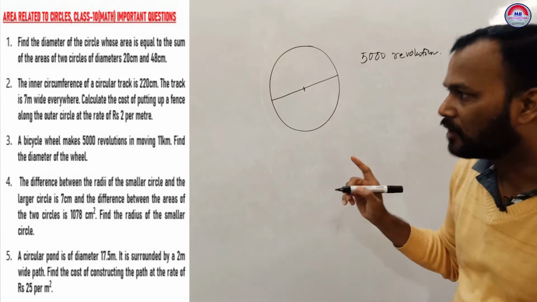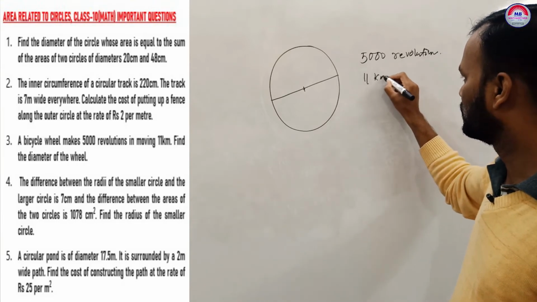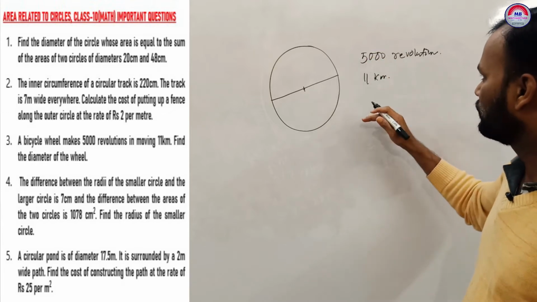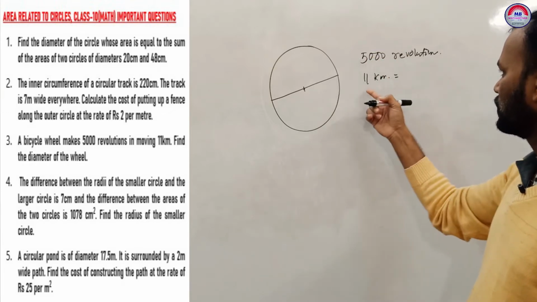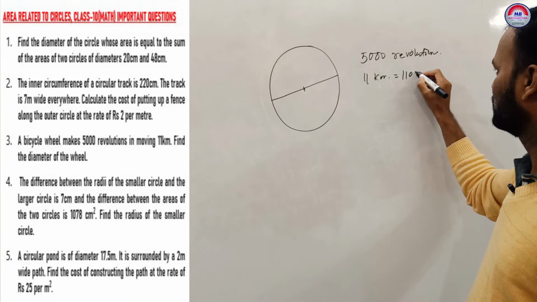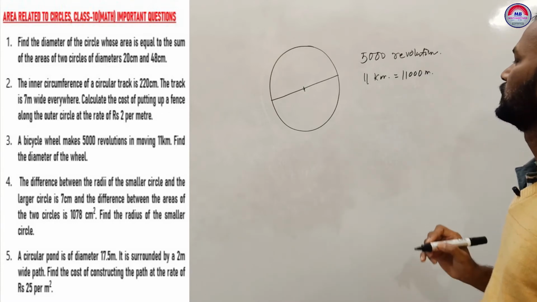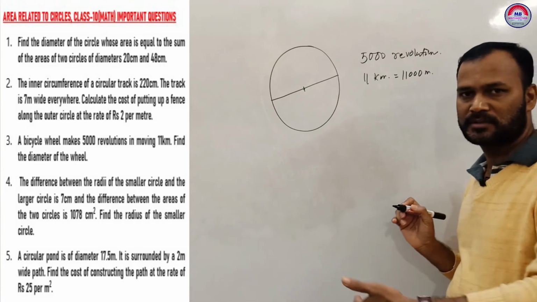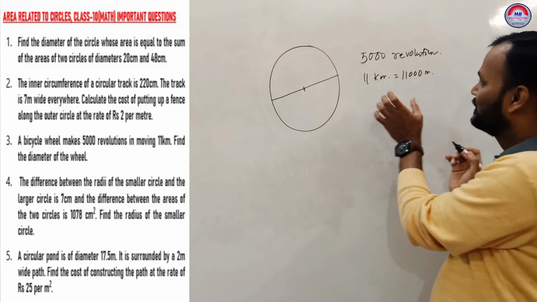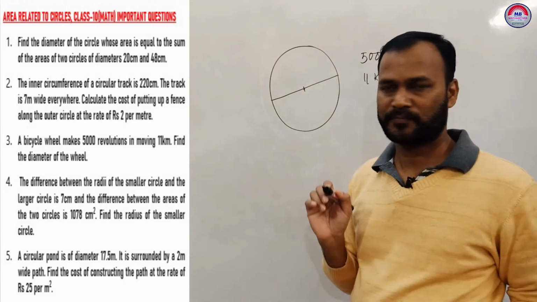it covers 11 km. You can convert this into meter, 11,000 meter. That means in 5000 revolutions, it covers 11,000 meter.